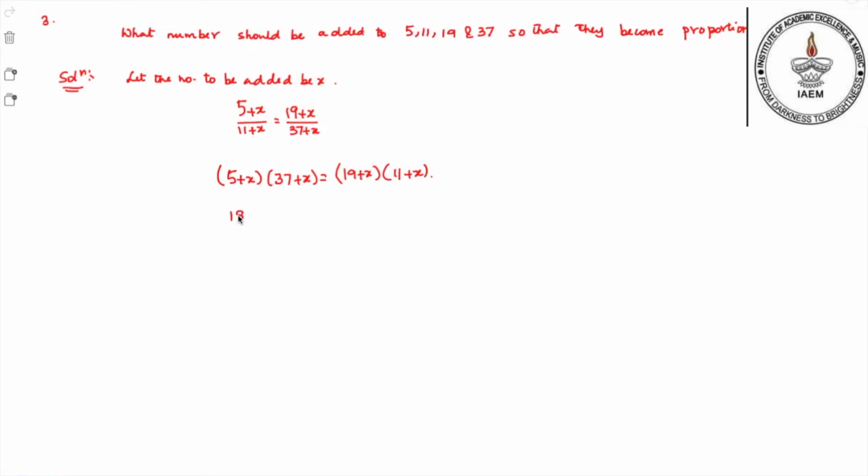So 185 plus 42x plus x square equals 209 plus 30x plus x square, which means 12x equals 24, or x equals 24 by 12, which is 2. So the number that needs to be added is 2.